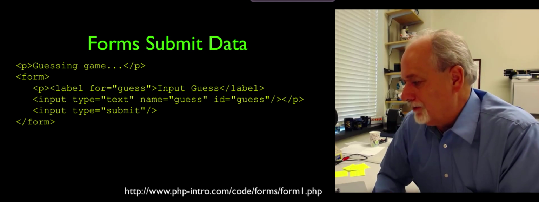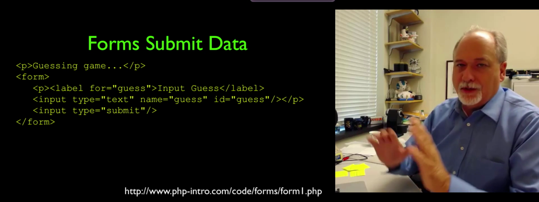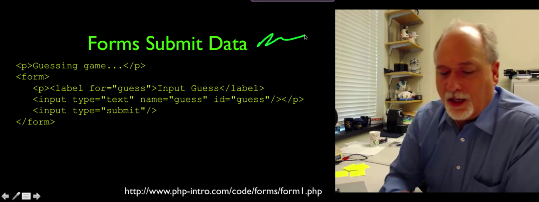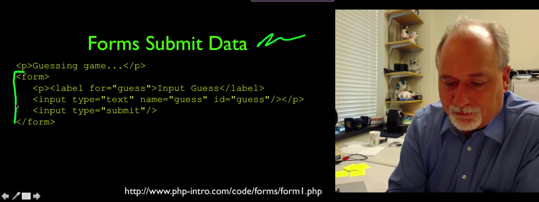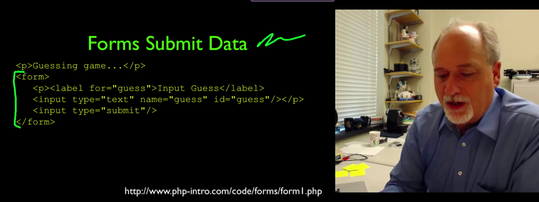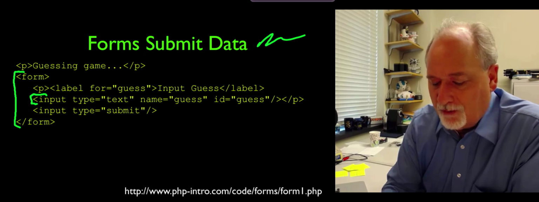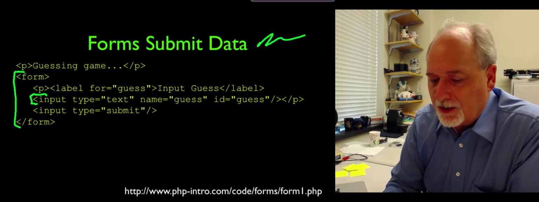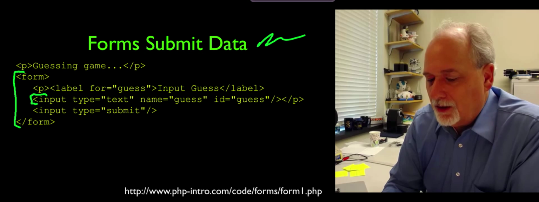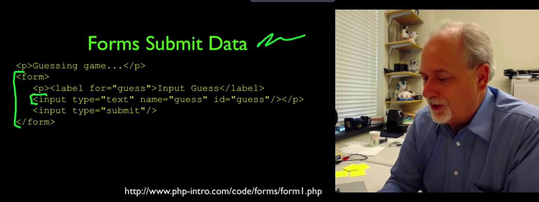I'll talk about a few of the different tags in forms, but I'm not going to teach you all of HTML. So we have our form tag and our end form, and there are labels and a paragraph tag, but the business end of this form is the input tags. This is a text field, and the name effectively becomes a variable name when it moves into PHP.